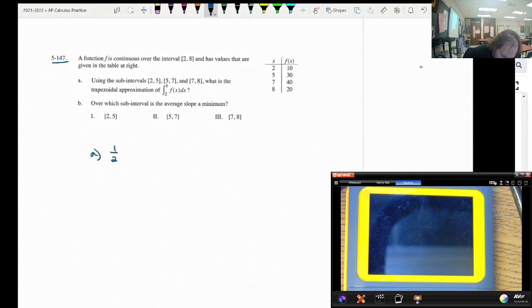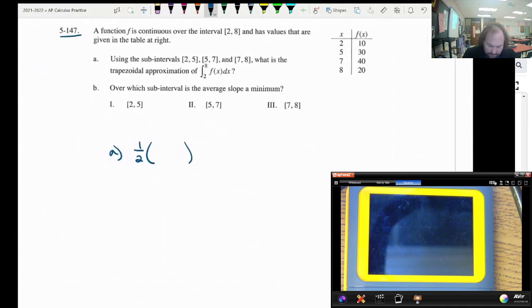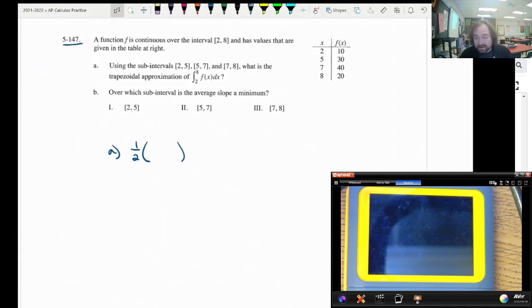You're basically going to find the area of 3 trapezoids. The nice thing is the trapezoid area formula is pretty easy to work with. What you're going to do is add together the two bases, 10 plus 30, and multiply by the height, which is the difference between these two numbers, 3, and 1/2. There's your first trapezoid.